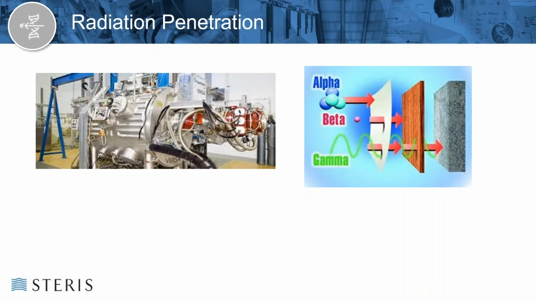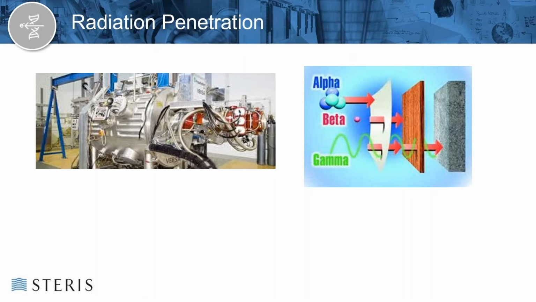The other type of radiation that we do use at STERIS sites is gamma radiation. These are photons. They are massless. They're also emitted by radioactive isotopes. It's the same as visible light, it's just at a different energy. It penetrates differently depending upon the energy.